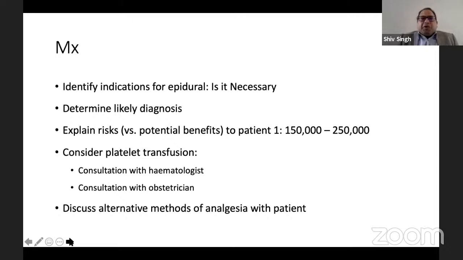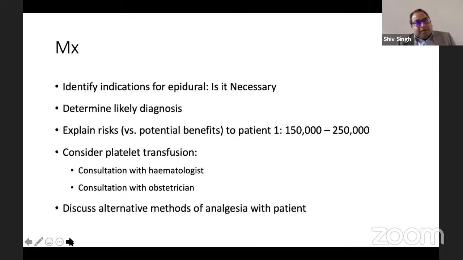And if it's purely for analgesia purposes, you have to think that we could use other methods of analgesia. Could this patient have a PCA? Or the patient could use Entonox and complementary therapies. So we have to start looking at other alternatives.